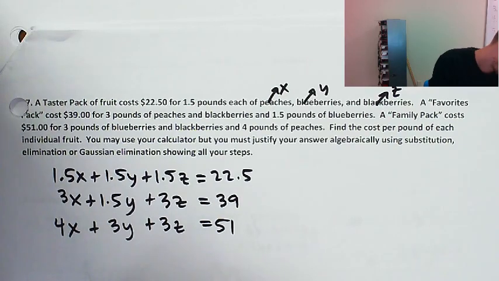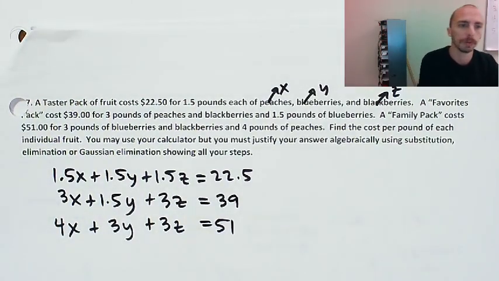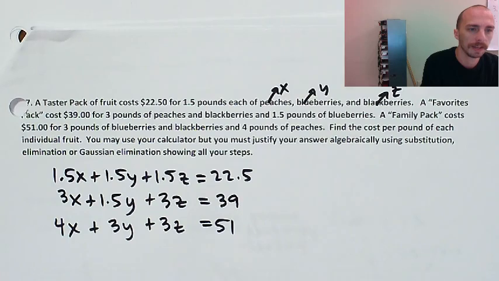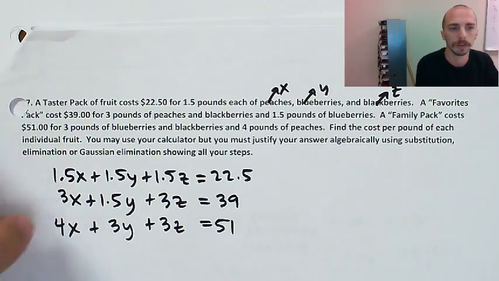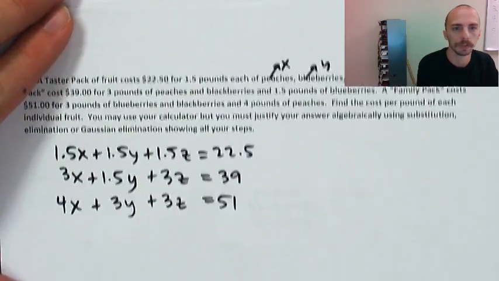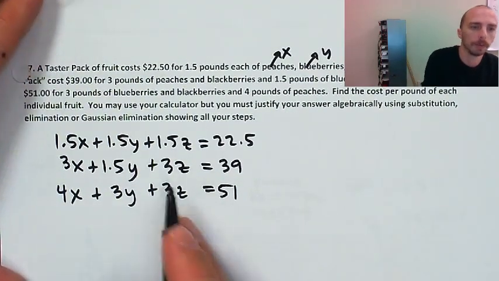All right. Okay, yeah, we're not going to use our calculator because that's not something we've been doing in this unit. Okay, we're going to use elimination on this one. I'm thinking, let's eliminate on z by multiplying the top equation by -2 and the second equation by -1, and then just kind of using equation 3 as my tool.